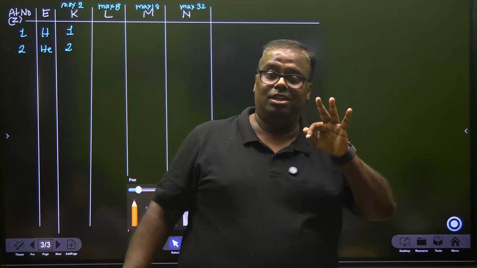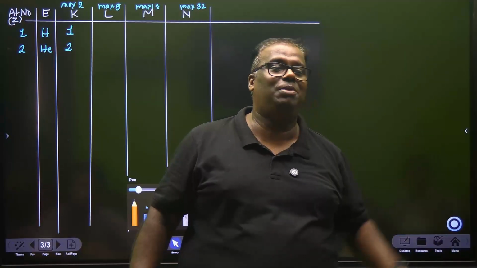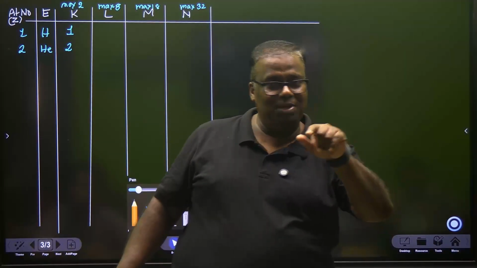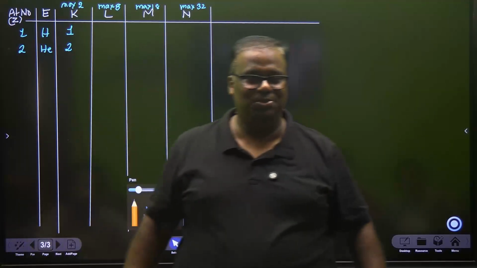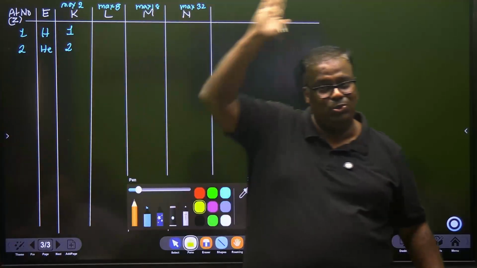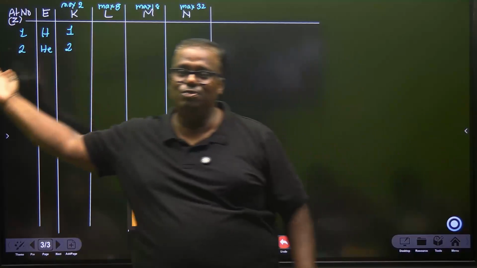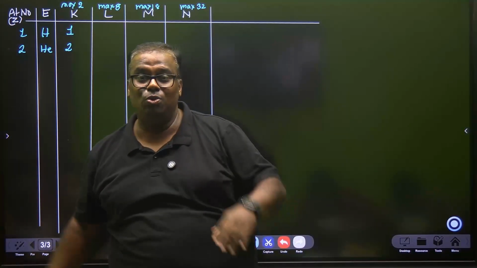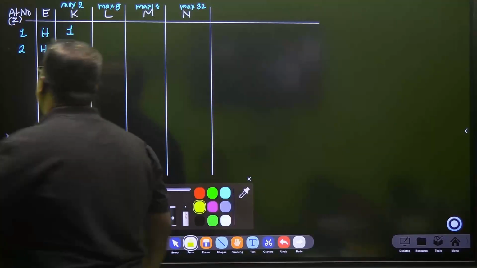Lithium is 3. So lithium is coming with one more kid. You will have to open one more room. So when the period becomes 2, the number of orbits occupied will also become 2, in each period. And it will continue till neon. After that, sodium will come. Then you have to open the third room also. So let's see. Okay, good.